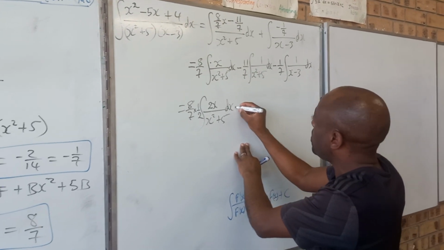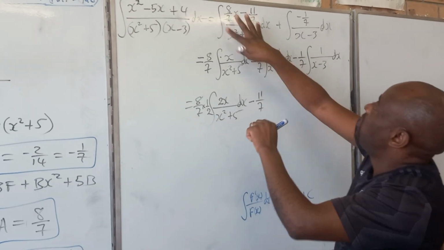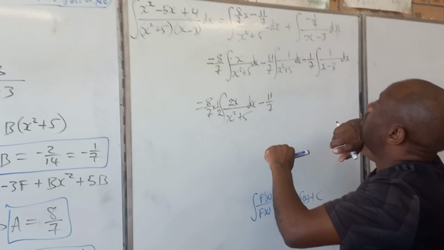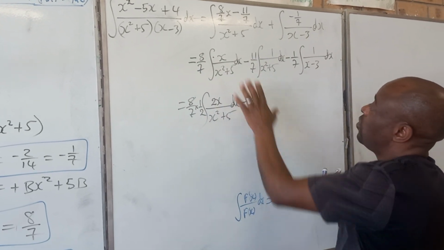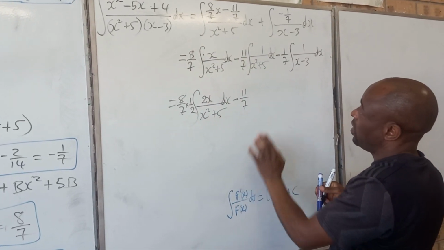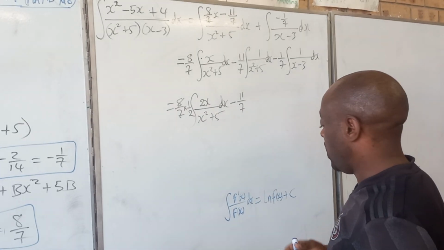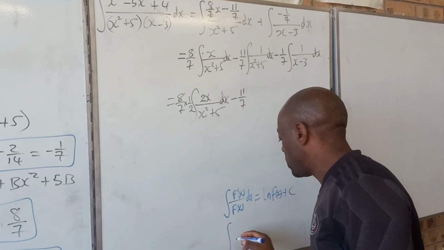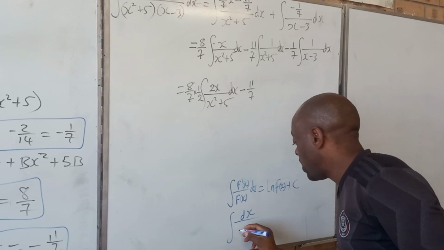Now, in the other one, whenever you split this quadratic to form two integrals, as I've told you, one of them must accept that formula. The other one will be taking you to another formula on page 4 of your formula sheet, which we did when we were doing completing the square.